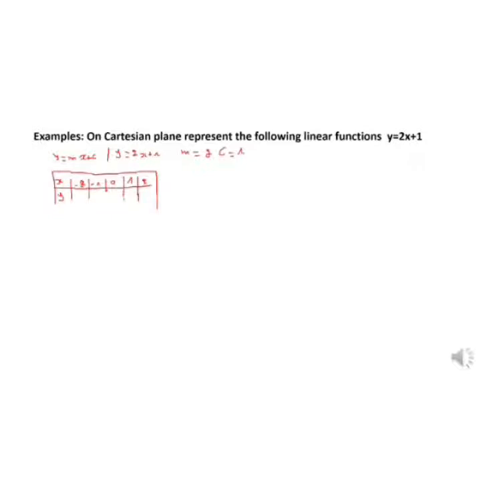So now for the above linear function, y is equal to 2x plus 1. If x is equal to -2, you substitute -2 for x and get y equals 2 times -2 plus 1.